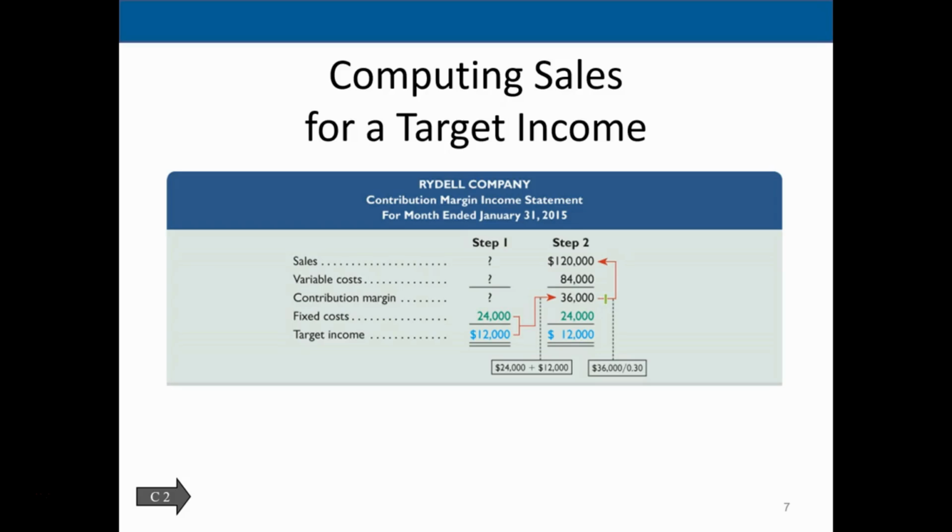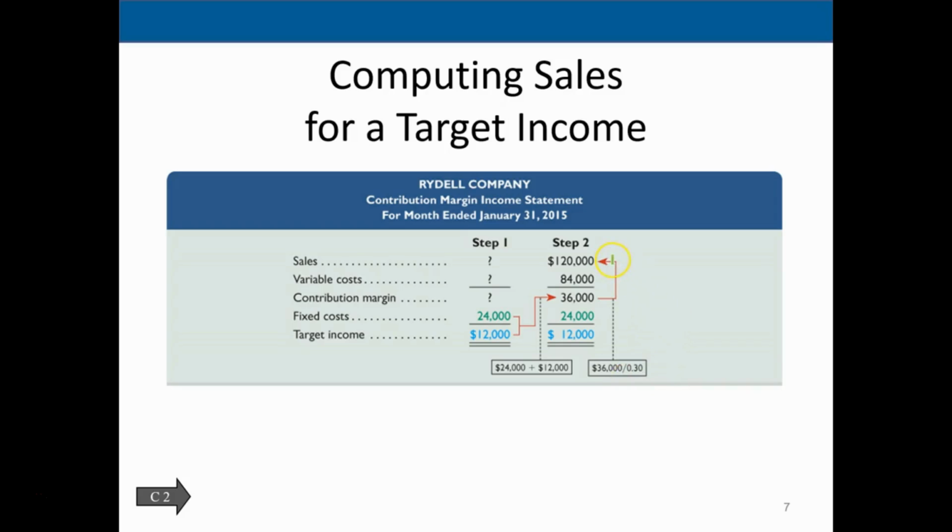And then we know that we have a contribution margin ratio, remember, of 30%. How do we know that? Because the unit sales price minus the variable cost gives us the unit contribution margin. Unit contribution margin divided by the sales price gives us that 30%. So if we know this 36,000, then we could divide that by 30% or 0.3.